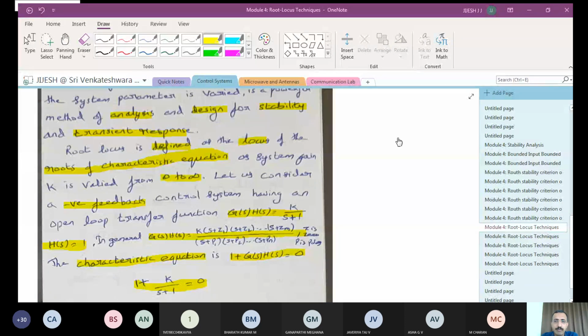Have you completed till the characteristic equation? Further, we will take the characteristic equation 1 plus G(s) H(s) equal to 0 and solve it further.